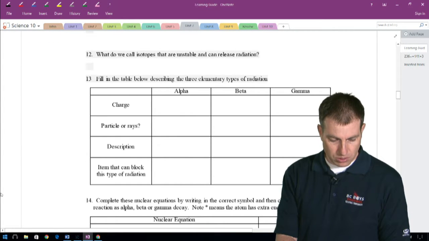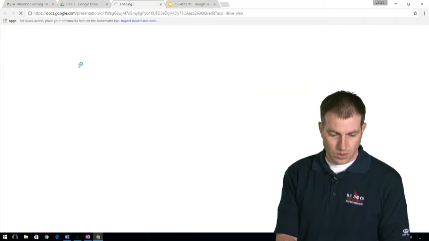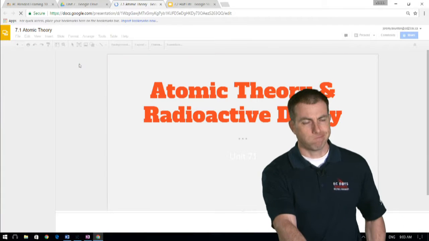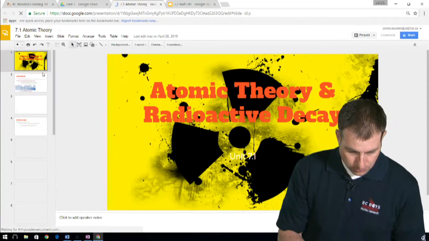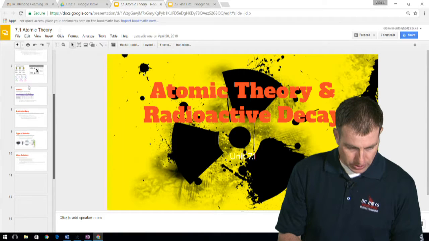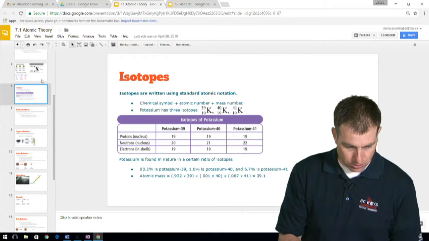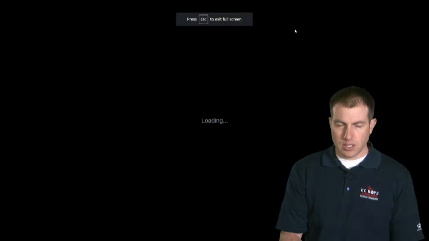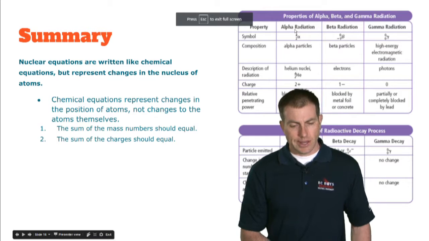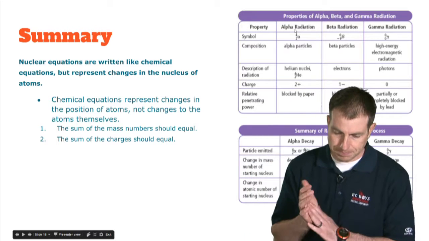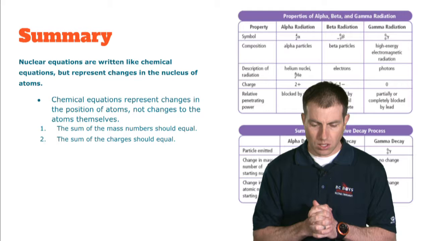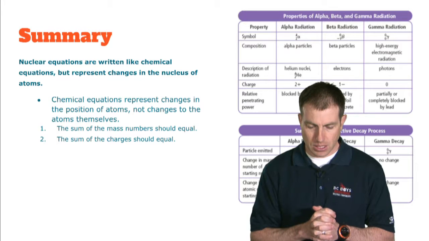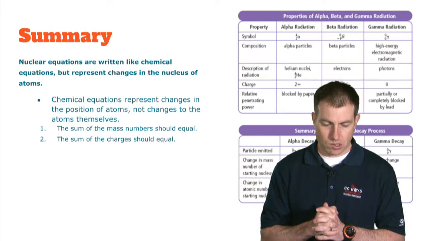I'll just jump back to the table I have from the notes from last day. I believe there's a little summary here. The chart behind me here has the summary. Yeah, I think everything's there.